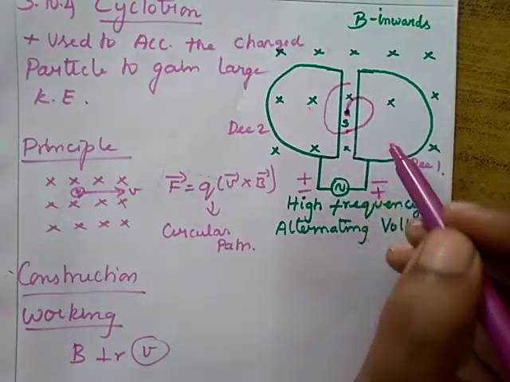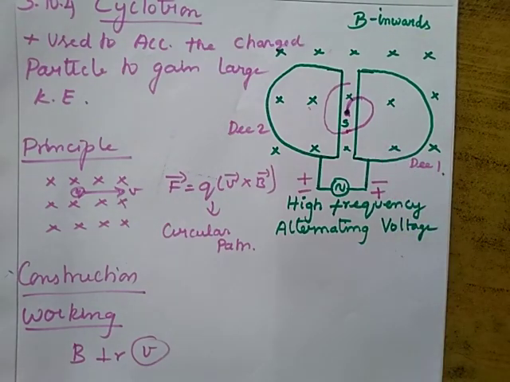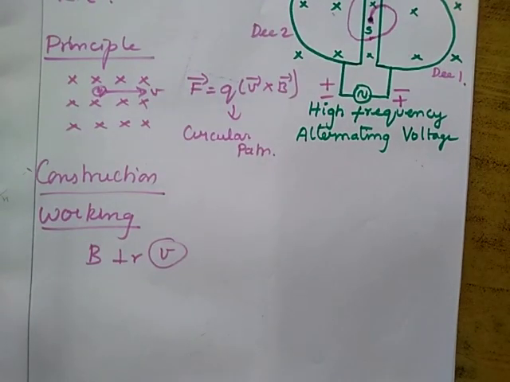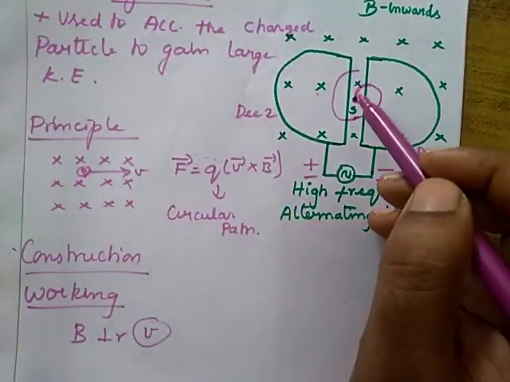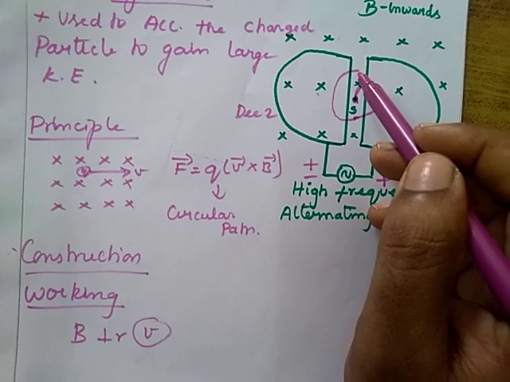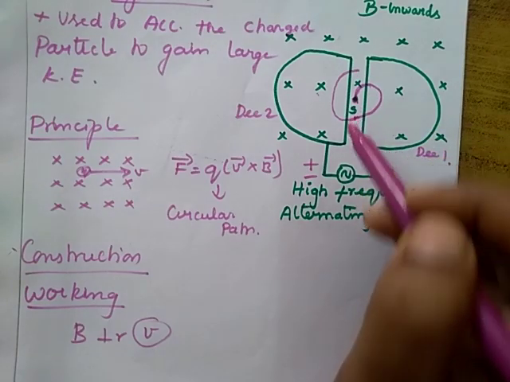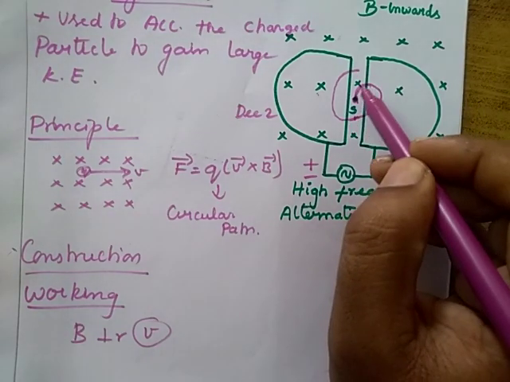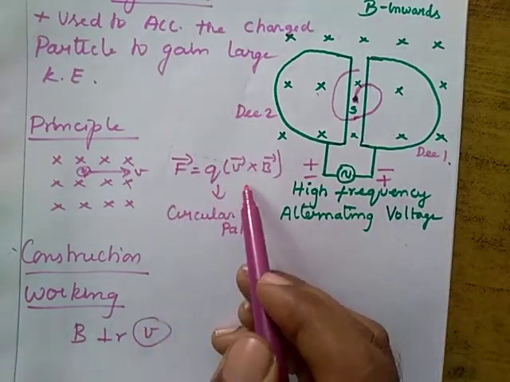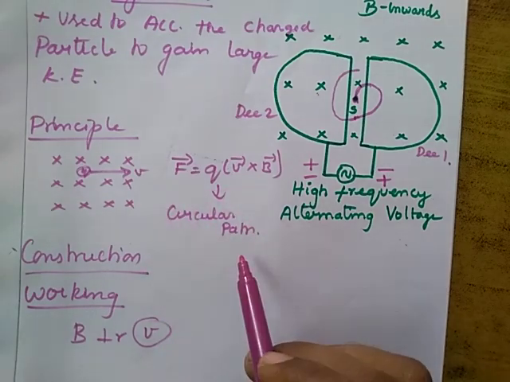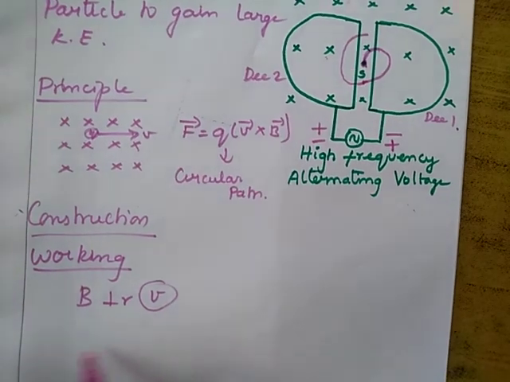For this circular motion, the centripetal force of the charged particle is provided by the Lorentz force, because it moves perpendicular to the magnetic field, so it experiences a Lorentz force. Due to that it attains a circular path. Then we can write the centripetal force, mv square by r, which is provided by the Lorentz force.